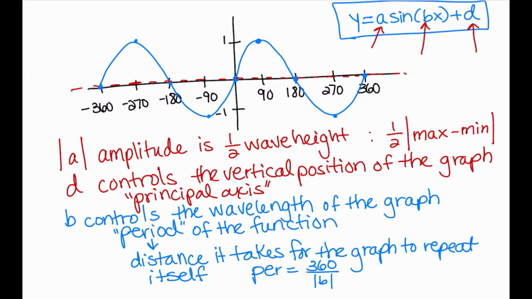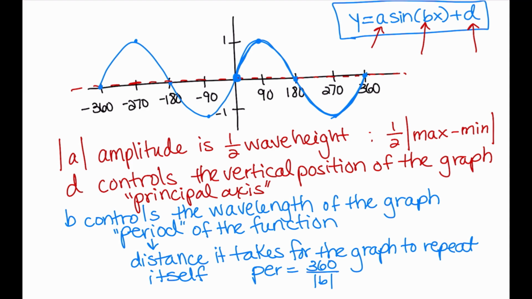On your screen right now, notice here's my sine graph. It starts at 0. I go up, I go back, I go down and back. That is going to be one full wavelength. So it's 360 degrees. So the period right now is 360 degrees.